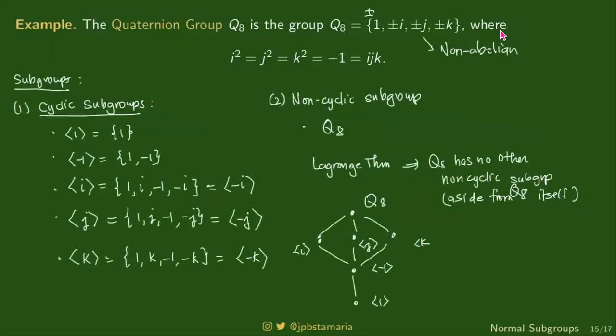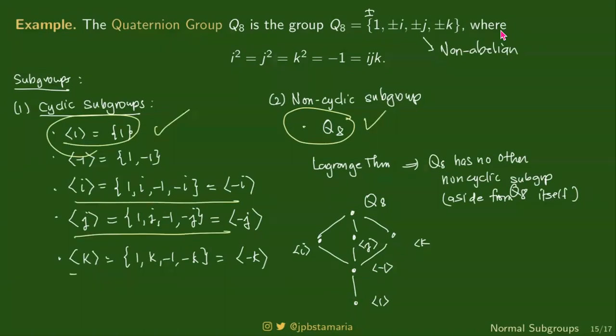Bakit? Tingnan natin. Siyempre, ito normal, check, check by default. Itong tatlong ito, they are of index 2. So normal. Check, check, check. So it's short. We only have to check the cosets of the subgroup generated by -1.